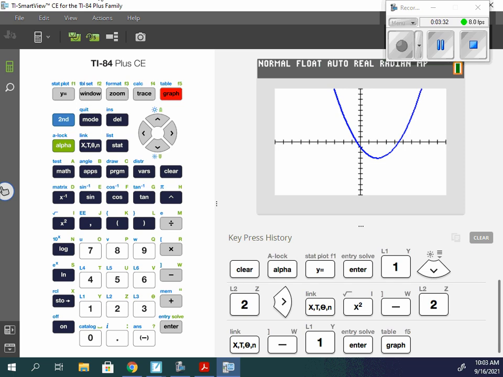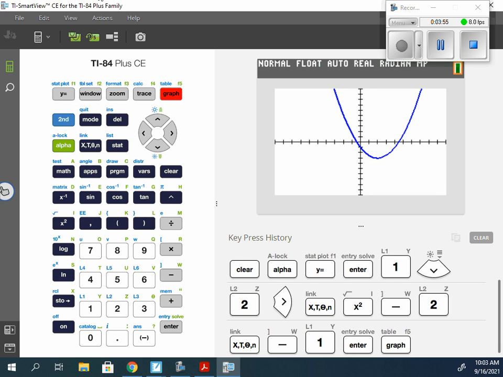So we graphed this yesterday, and we're looking at its graph. Yes? Okay. Yeah, we're going to do this a little differently than them.